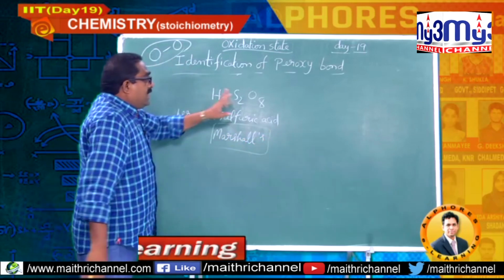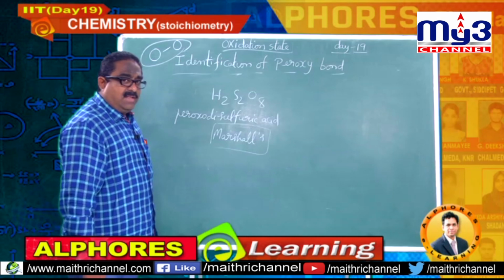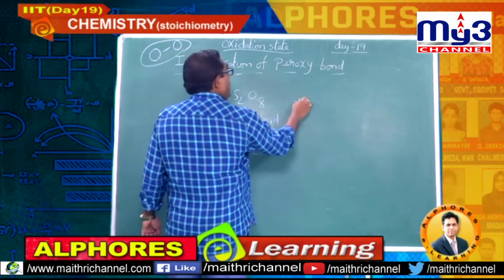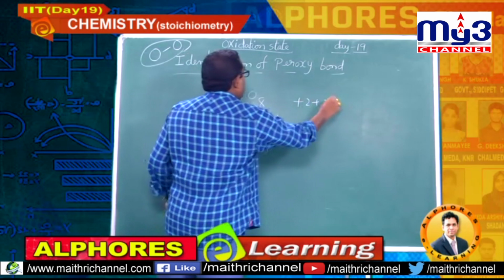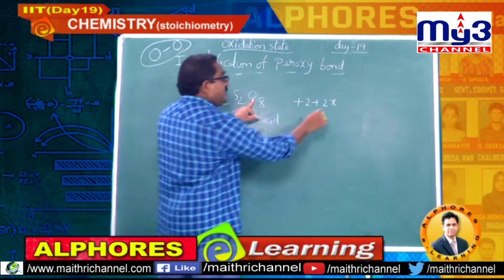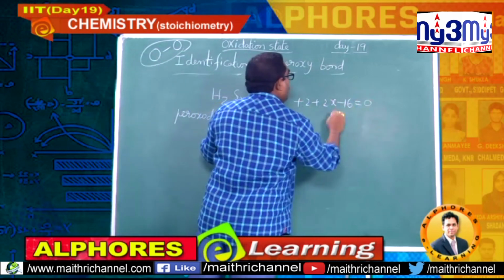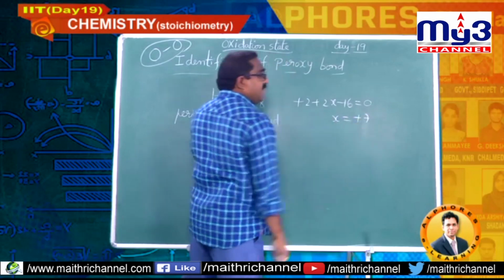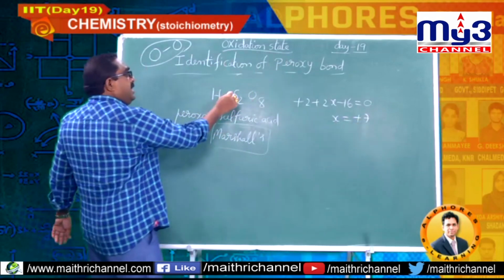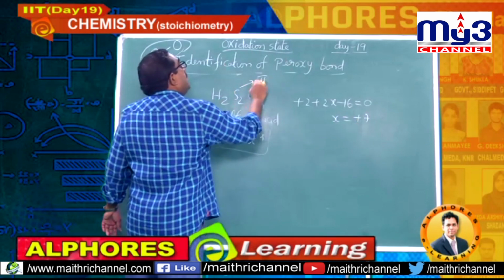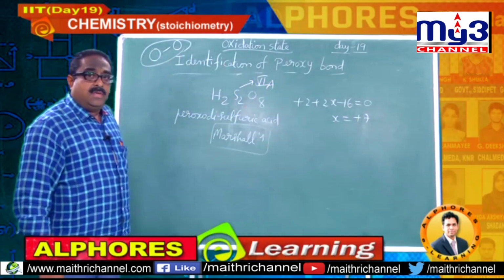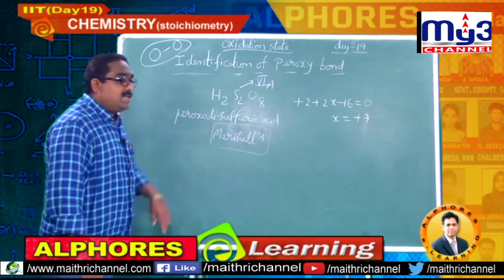Now, let us calculate the oxidation state of sulfur in this compound. For 2 hydrogens plus 2, 2x. For 8 oxygens, 8 into minus 2, minus 16, equals 0. X you will get as plus 7, again more than the group number of sulfur, 6th A group. Maximum plus 6 only, but you got plus 7.